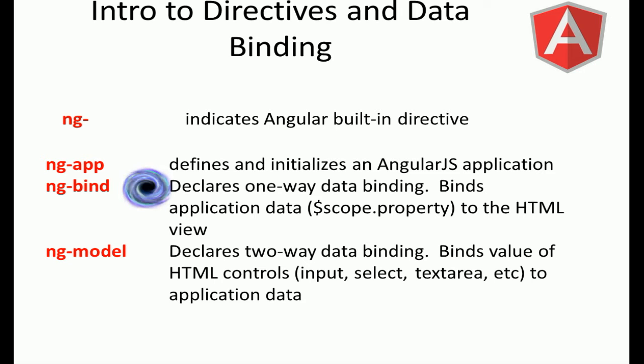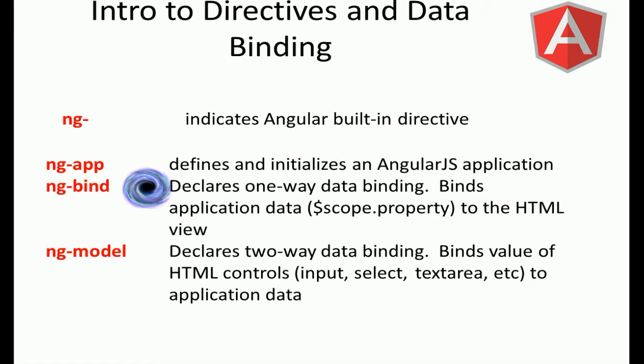ng-bind declares a one-way data binding by linking the HTML view with the application data, the linked scope. It is like an HTML portal to receive data from the context of the linked scope.